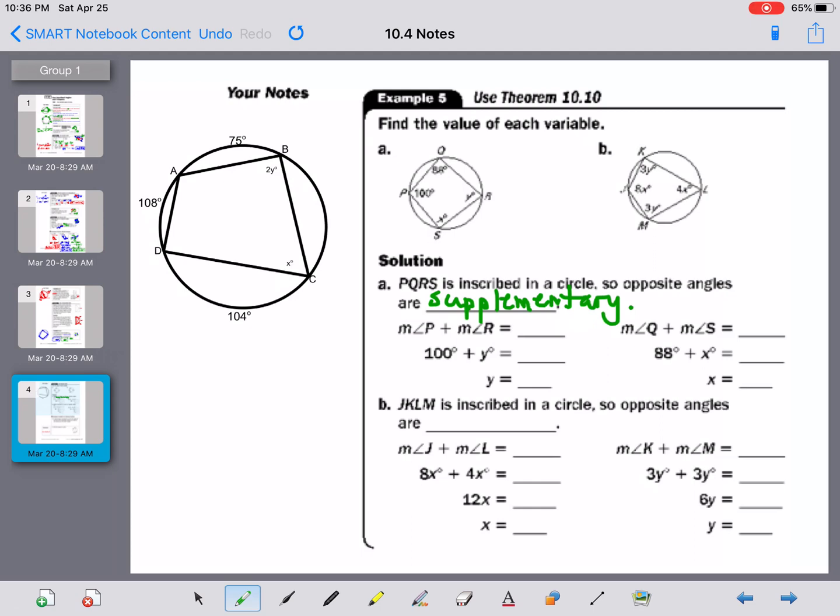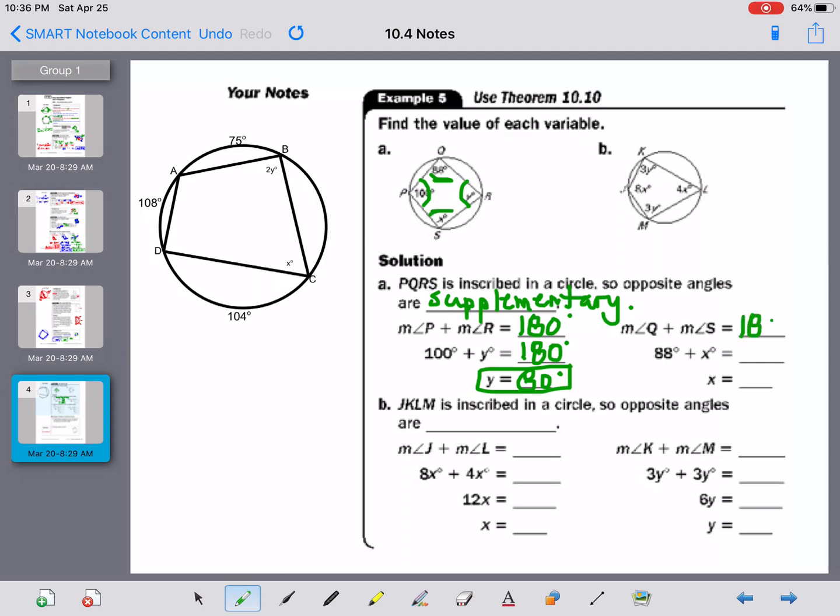So if I start with angle P and angle R here, angle P is 100, angle R is Y. I don't know what it is, so I know they both equal 180. I take my 100 plus Y equals 180, so Y would have to equal 80. In the same picture, I know the opposite angles Q and S, so Q over here is 88, S over here is X. They're opposite, they have to add up to 180.